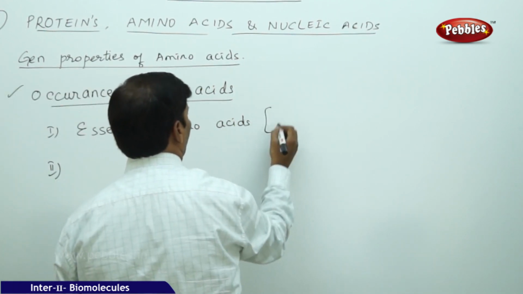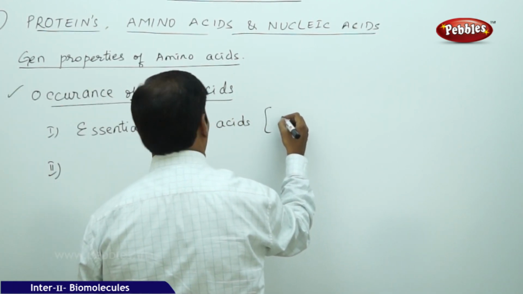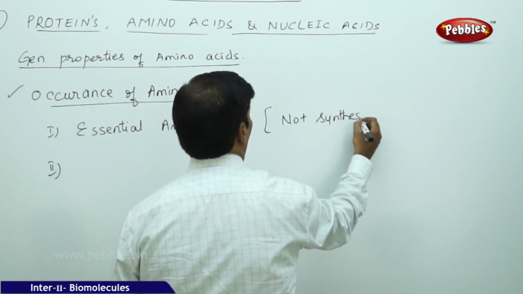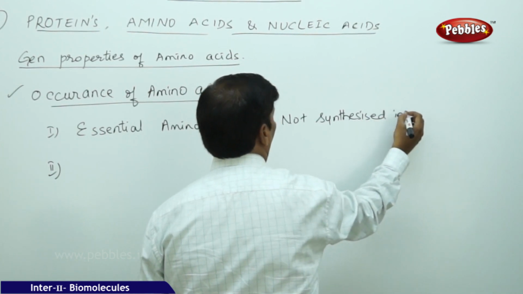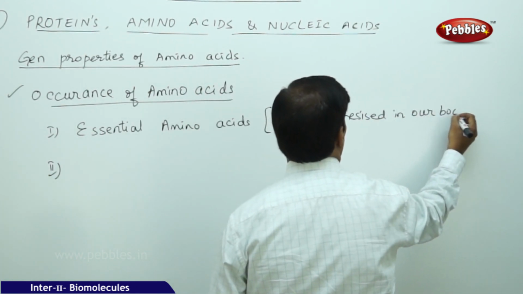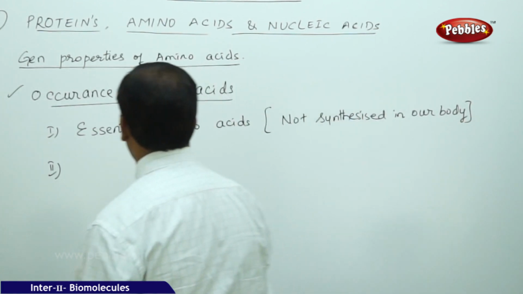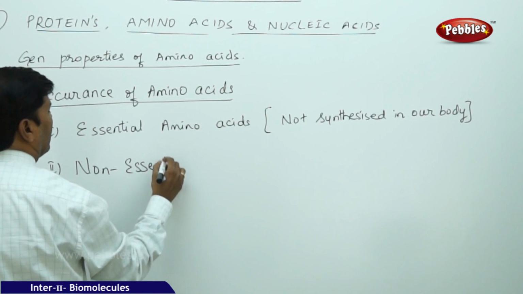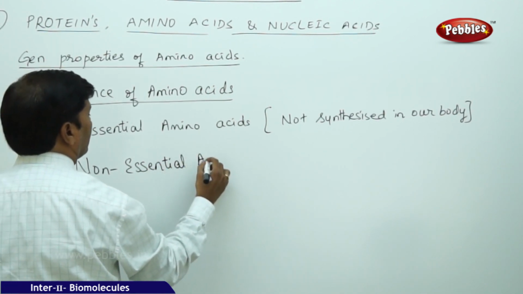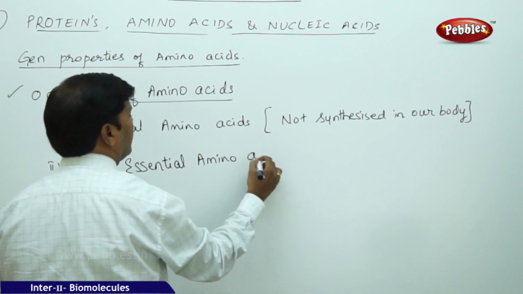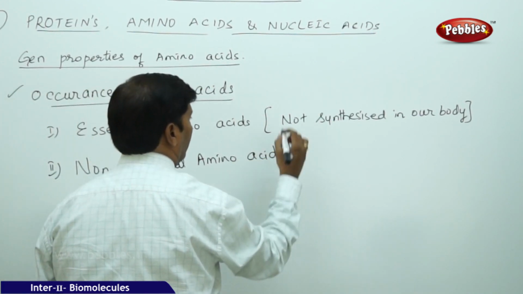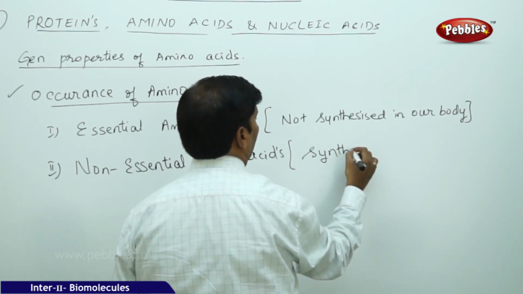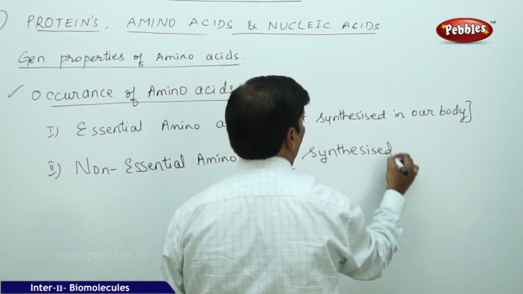Essential amino acids are those which are not synthesized in our body. Non-essential amino acids are those which are synthesized in our body.